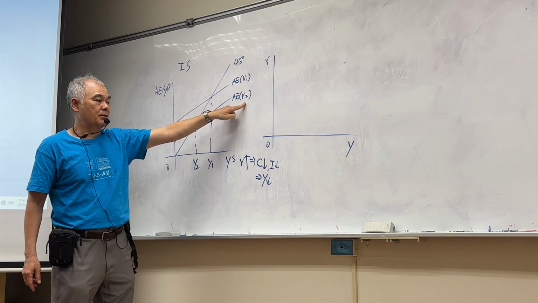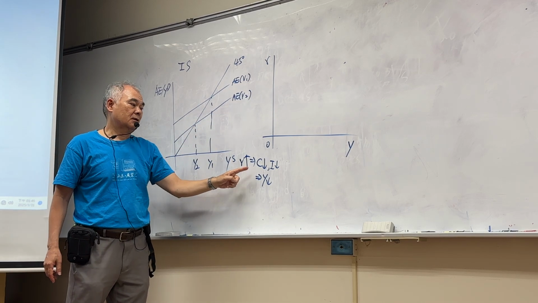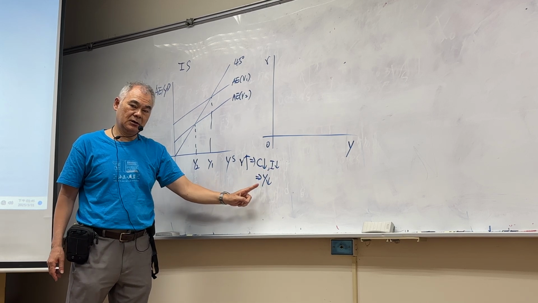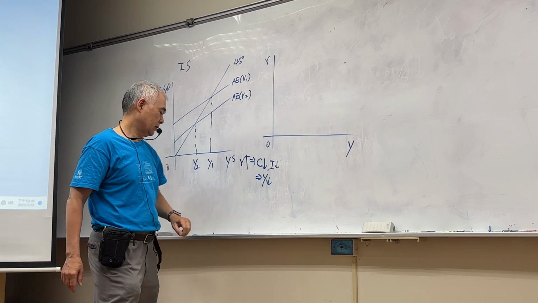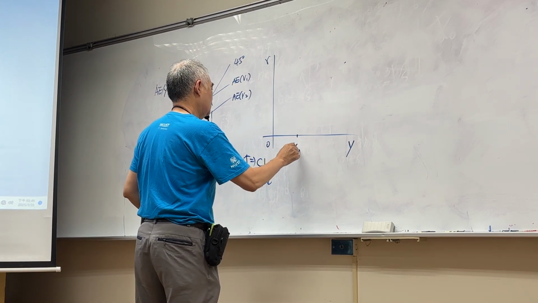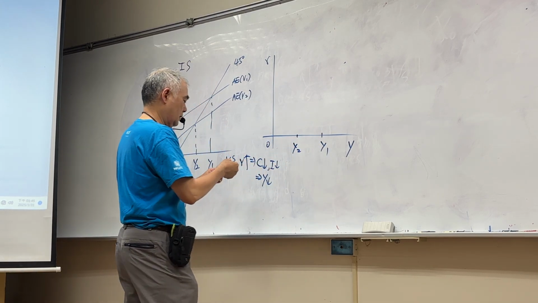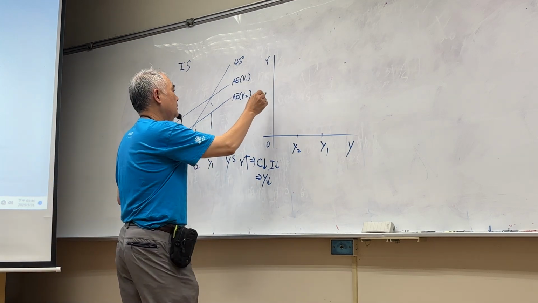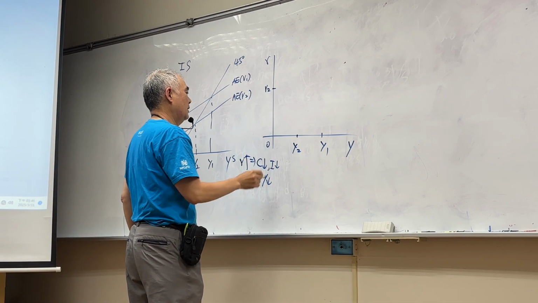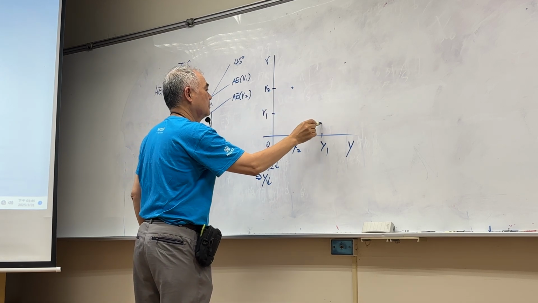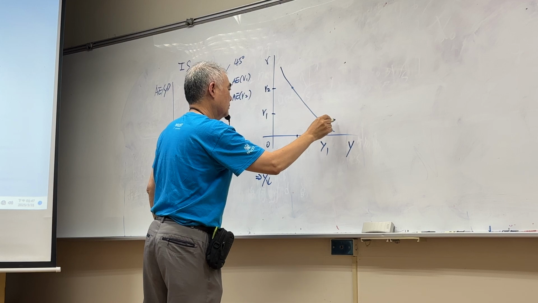Because when the interest rate goes up, consumption and investment go down, and of course, in this case, the income level goes down. So then we have here Y2 and Y1. Here you know that R2 is actually the higher interest rate level, and then R1 will be here. So it's like this.